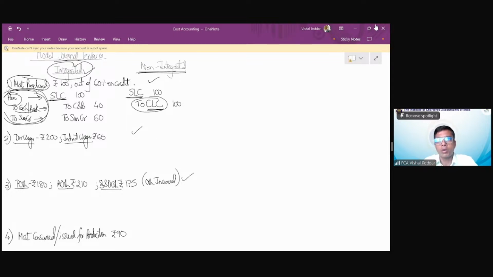Do it in your books. You need not put it in the chat box because it will take a lot of time in typing. You pass it in your books, we will discuss.